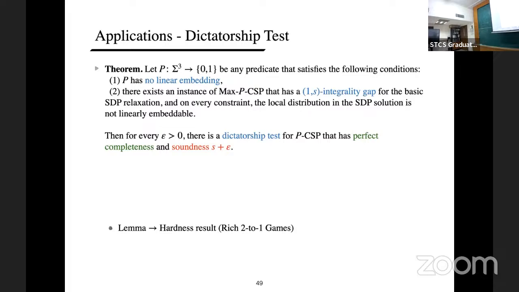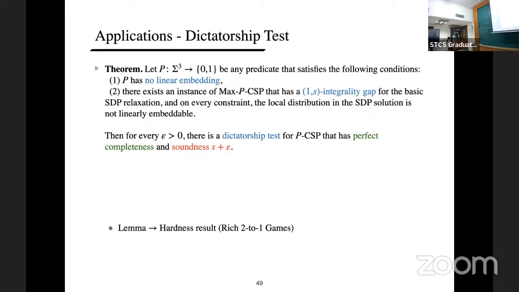Which means that this hardness applies to satisfiable instances, right? Because I'm not losing epsilon in the completeness. So 1, S translates into 1, S plus epsilon hardness.